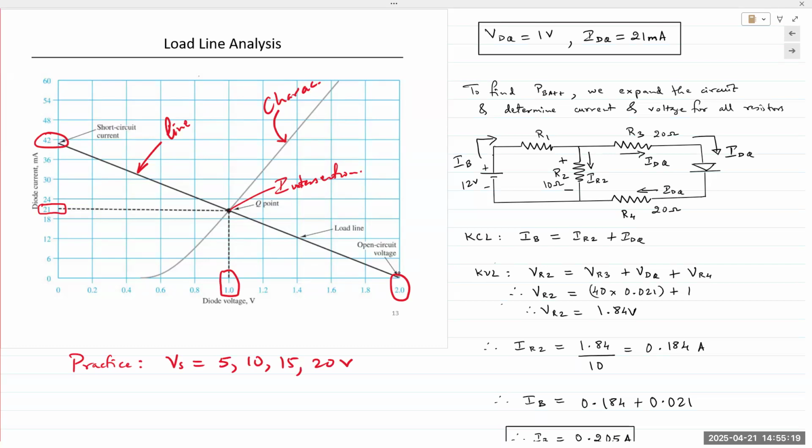But the supply voltage is changing. So your Thevenin voltage will change. Because the Thevenin voltage changes, the line is going to shift either down or up. And for each one of those supply voltages, the Q point is going to be slightly different. Right? The intersection point is the solution for that particular supply voltage.